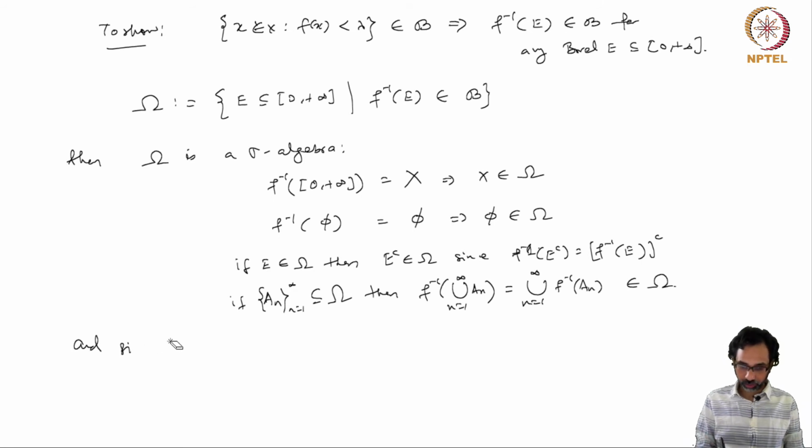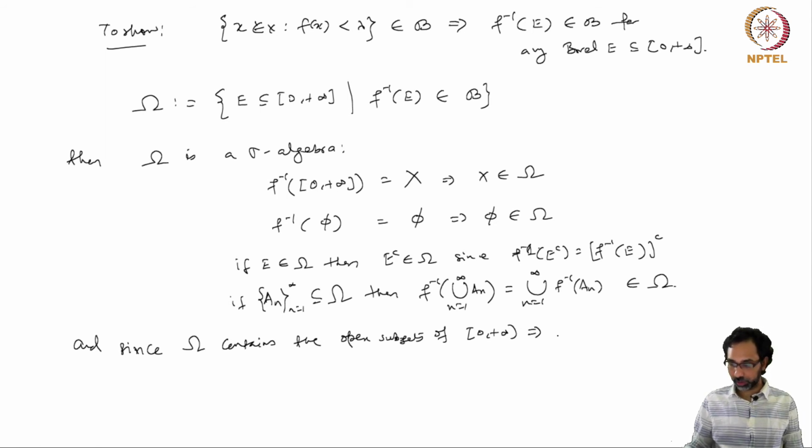now omega contains the open sets of 0 plus infinity, this implies that omega contains the Borel subsets, the Borel sigma algebra as well.